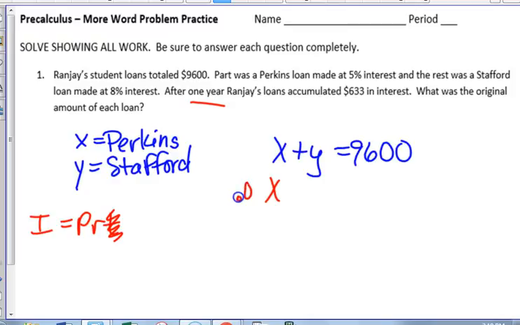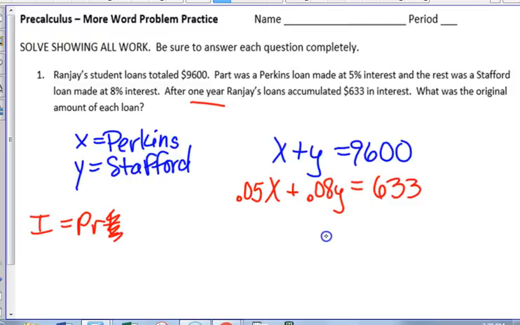So it's 0.05X. Plus, he also had some more interest coming from his Stafford, which was Y. What percent was that? 0.08Y equals the total interest from both combined was, now could you solve?